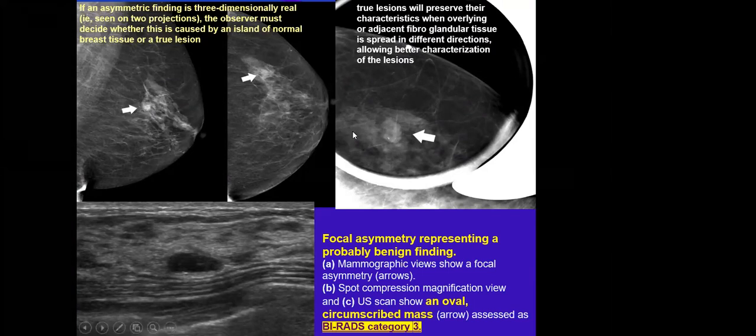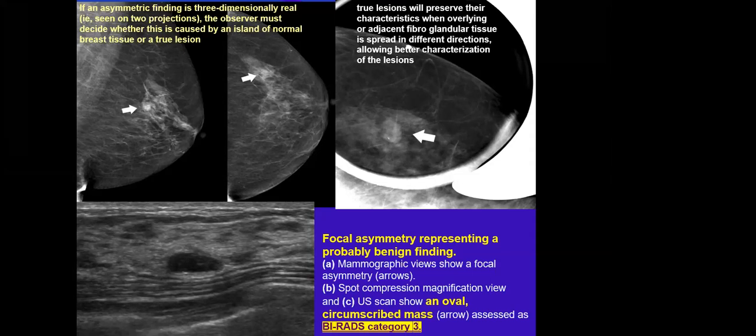However, the spot compression view demonstrates that it represents a focal oval circumscribed mass. Why? Because by adding compression to that area, we spread the overlying tissue that was obscuring this underlying mass.